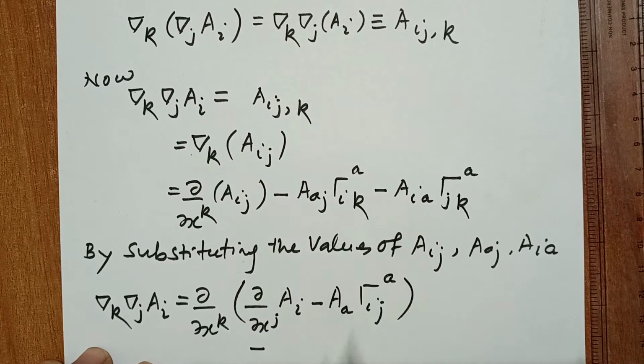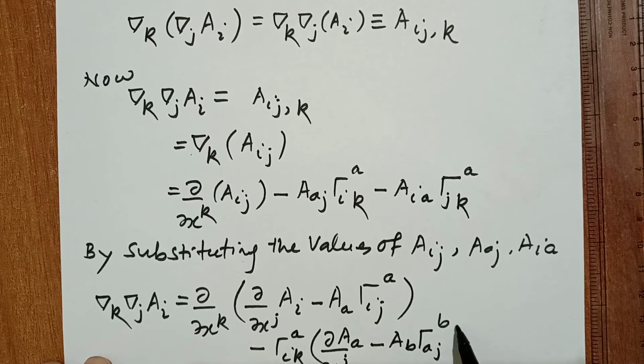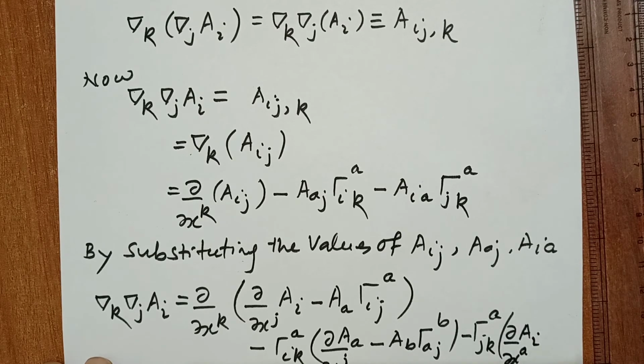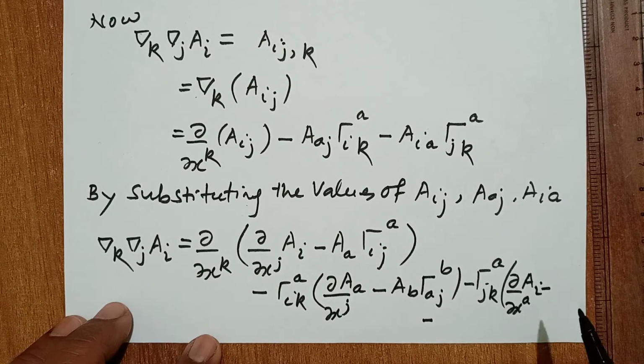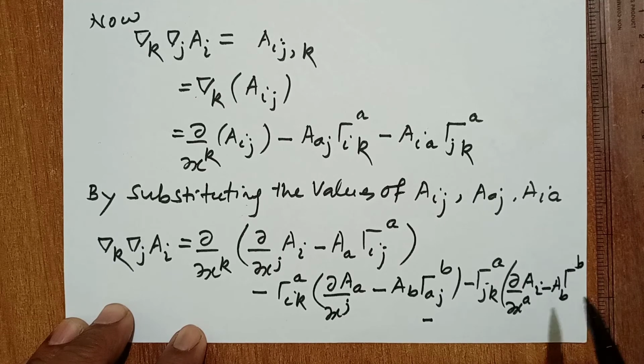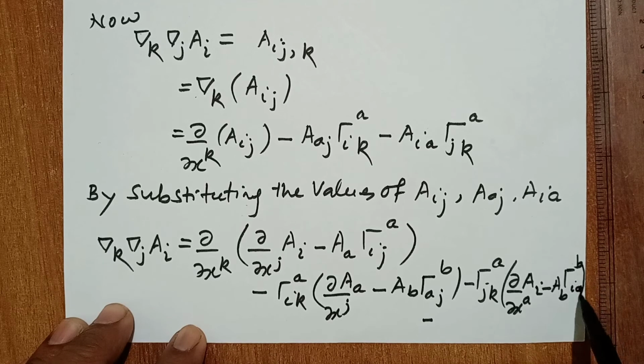Minus the Christoffel symbol times A_aj, where A_aj is del A_a upon del x^j minus the Christoffel symbol times A_b. Minus the Christoffel symbol, with the value of A_ia being del A_i upon del x^a minus, replacing this index with another index b, the Christoffel symbol times A_b. This is the last term.